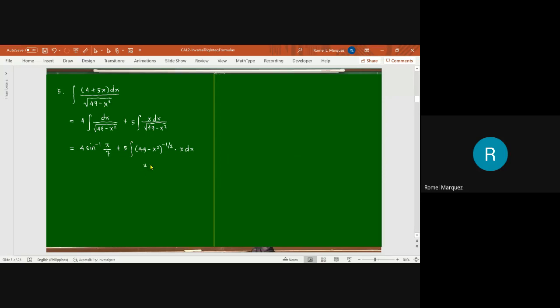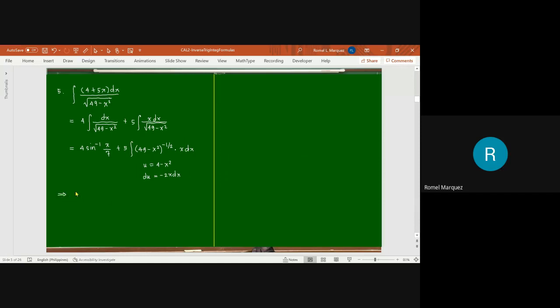If I take my u as 49 minus x squared, what is my du? Negative 2x dx. So this is what is missing in the differential here, so that this will become du. Okay, guys? So let's correct that.